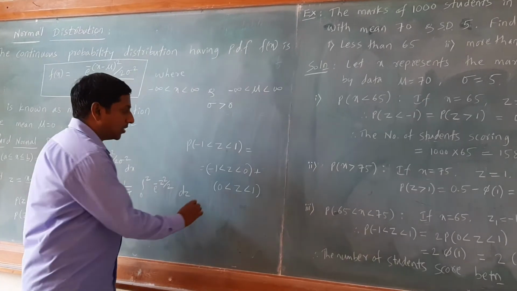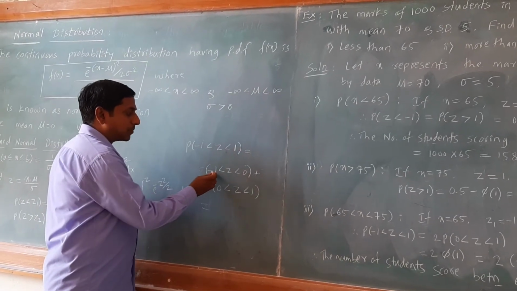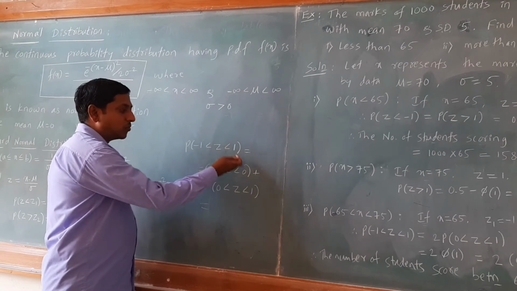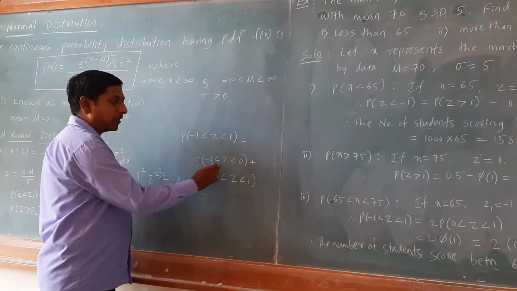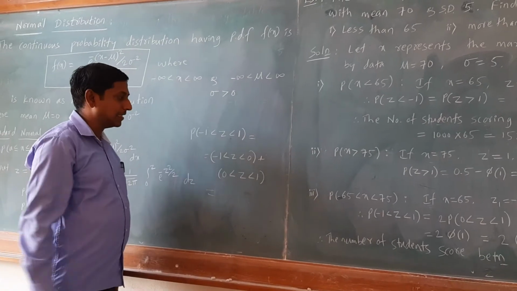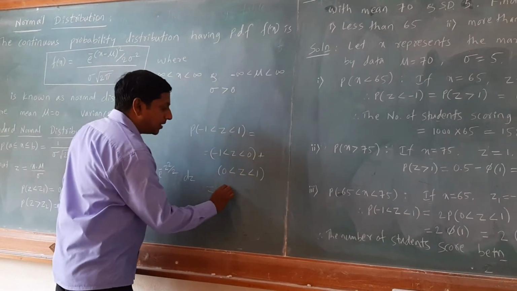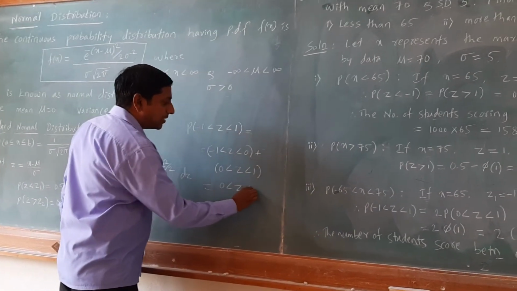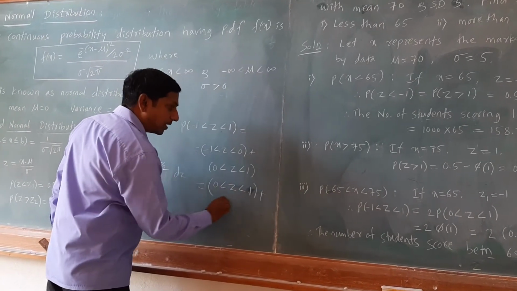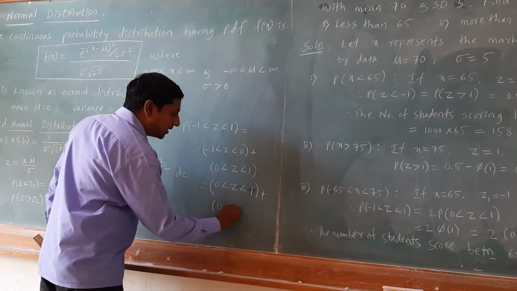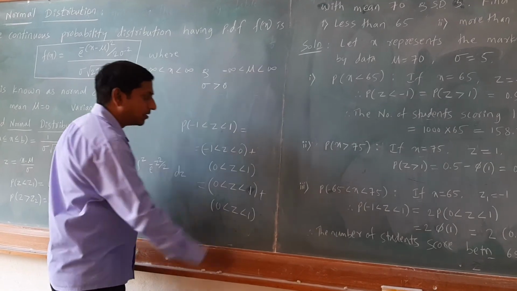Once again we convert this minus 1 into plus 1 by rewriting only the first term, keeping the second term as it is. So the first term becomes 0 less than z less than 1, and the second term is again 0 less than z less than 1.